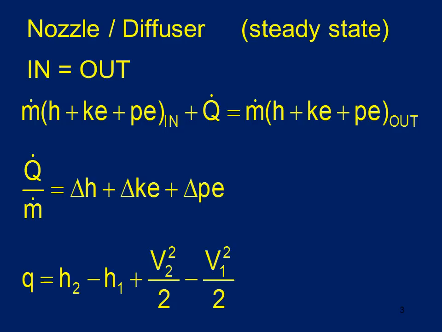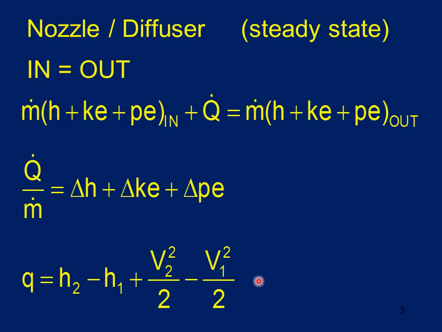So what I like to define is a Q per mass, Q over mass, and I'll use a small q for that. It's not specific because it's not a property, but the heat per mass is delta H plus delta kinetic energy per mass plus delta potential energy. And you see this as q equals H2 minus H1 plus (V2 squared minus V1 squared)/2.